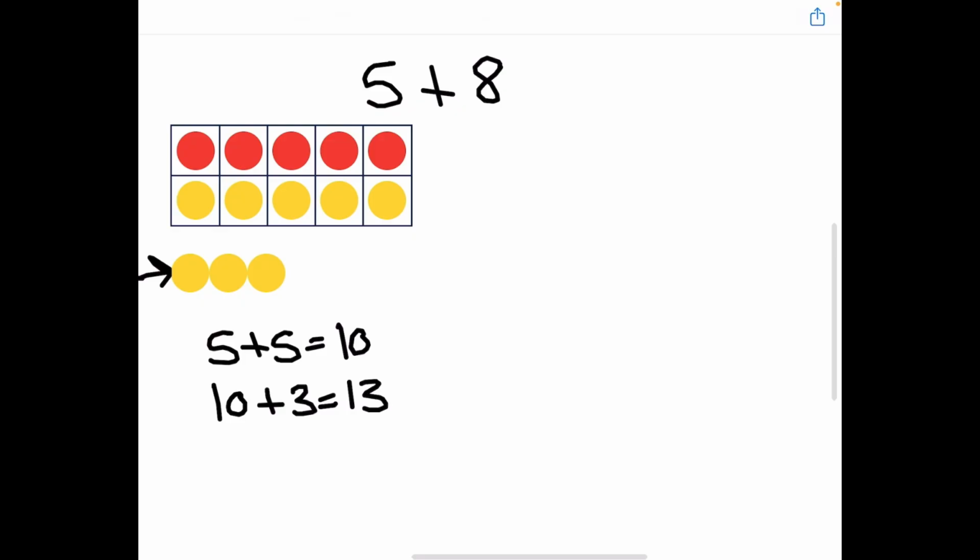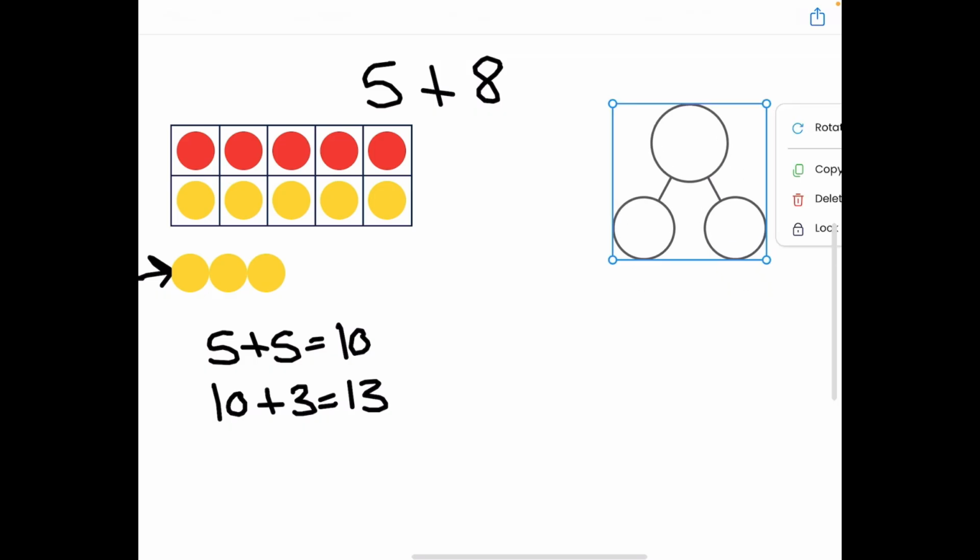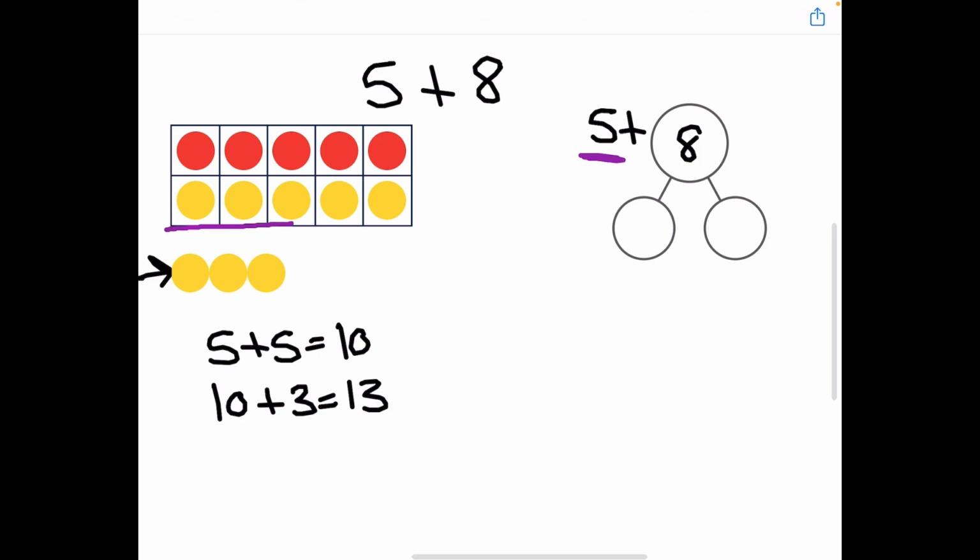Now, let's try with the number bond. So 5 plus 8. Remember, if we're using this number bond, first we have to ask ourselves, what can I add on to 5 to make 10? And we see from here to make that connection, we can add 5 more on.